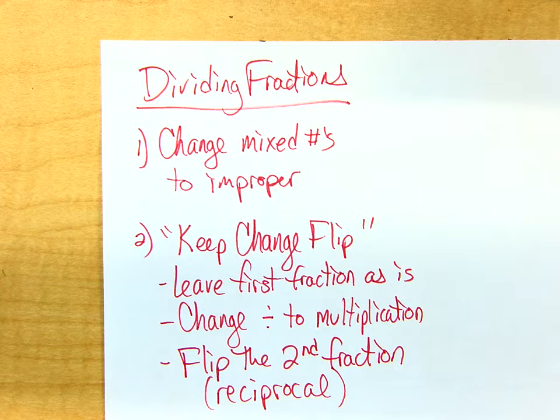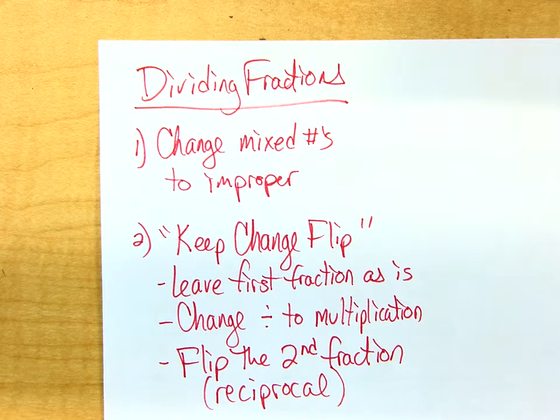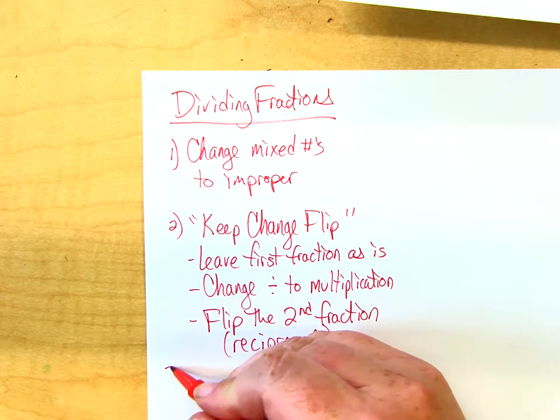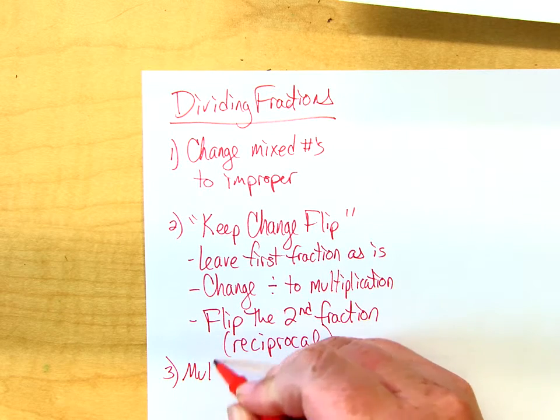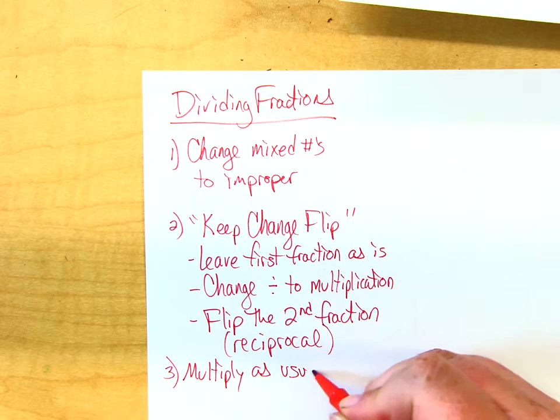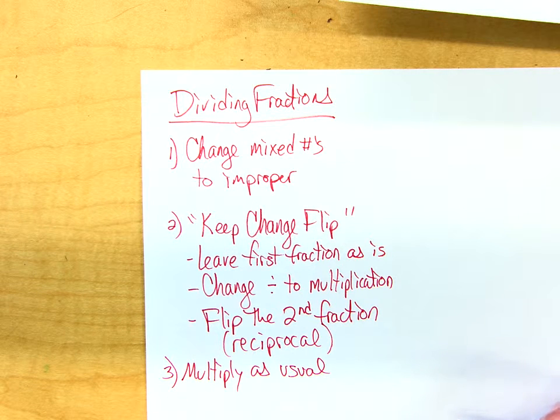And then once you've done this, it's now a multiplication problem, and you do exactly what we did yesterday. So, in fact, I'm just going to say in line 3, multiply as usual. So just like we did yesterday.